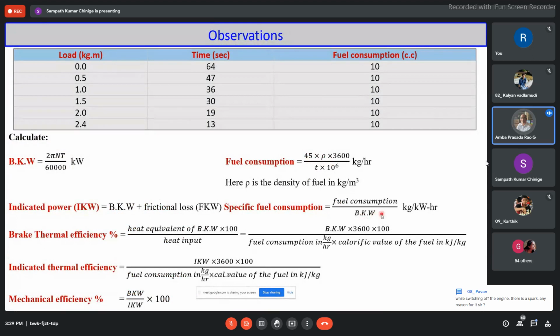Then brake thermal efficiency, indicated thermal efficiency, mechanical efficiency. For every reading you tabulate: serial number, load or torque, time taken for 10 cc, fuel consumption, brake power, indicated power, brake thermal efficiency, indicated thermal efficiency, mechanical efficiency. These are the calculated parameters you can all tabulate.